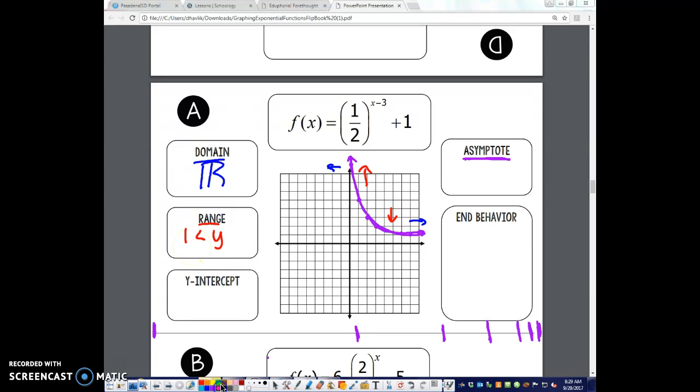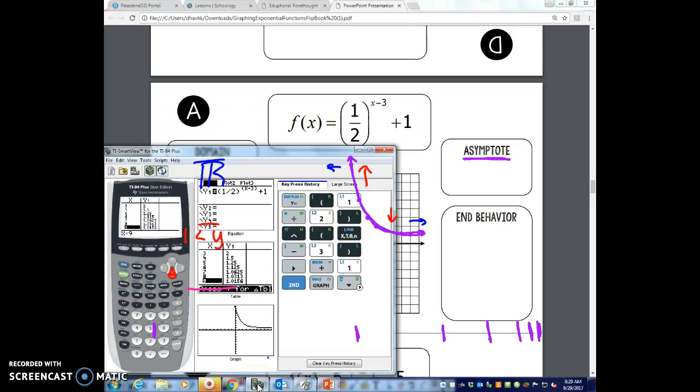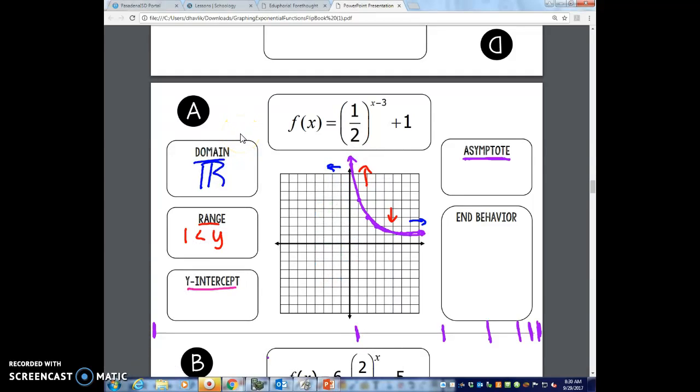Okay? So now let's look at our y-intercept. Here's a real easy way to find your y-intercept. You ready? Go to your calculator. In the table, when x is 0, that's your y-intercept. Real easy. When x is 0. So what is our y-intercept here? 9. So you write it as parentheses 0, 9. Parentheses.